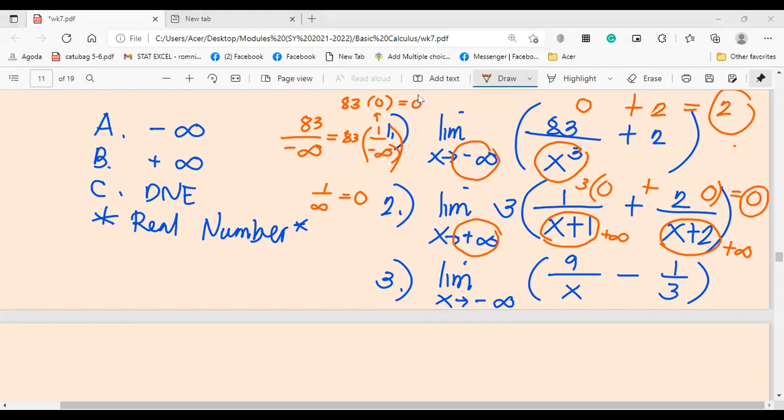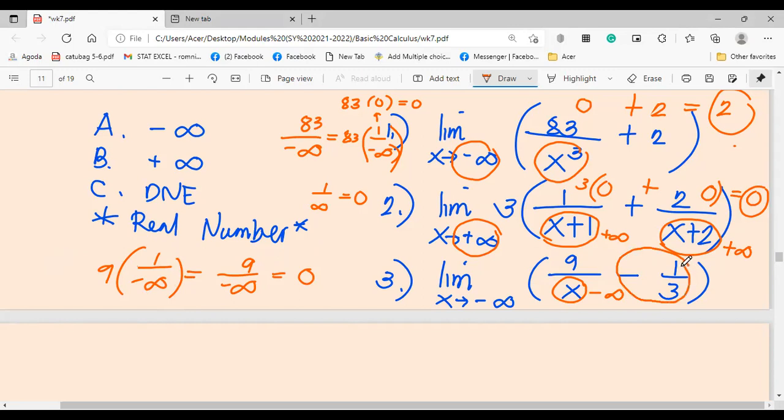Okay? And in number 3, by observation, this x will become negative infinity. So 9 over negative infinity is 0. Why? Because, well, inuulit natin, 1 over negative infinity is actually 0. So 9 times 0 is 0. Okay? So ano matitira?